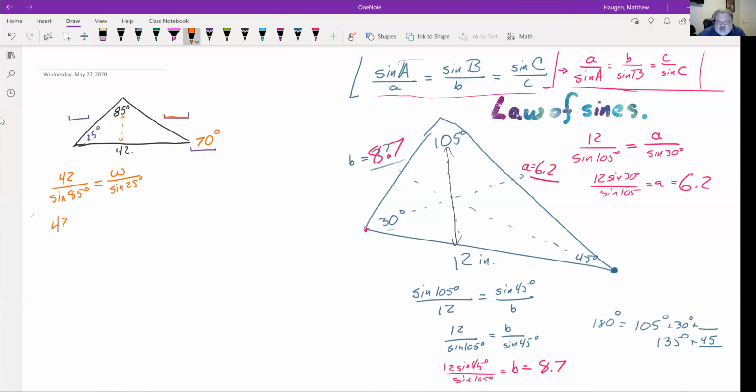So again, our solving is generally fairly simple. The sine of 25 degrees over the sine of 85 degrees is equal to W. And then that's just a value that we can ask our shiny boxes for. What is 42 sine 25 divided by sine 85?